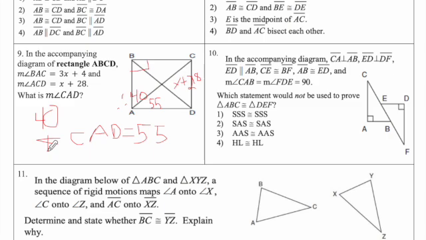Let's take a look at 10. In the accompanying diagram, CA is perpendicular to AB. Okay, CA is perpendicular to AB, and we have that right angle there. ED is perpendicular to DF. We have a right angle here. ED is parallel to AB, so this is parallel.